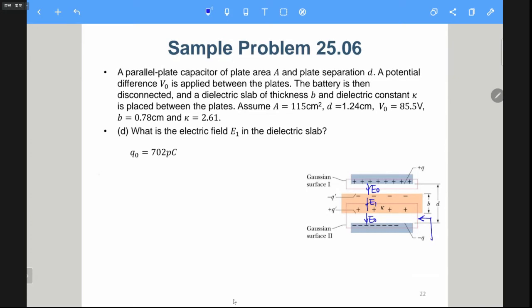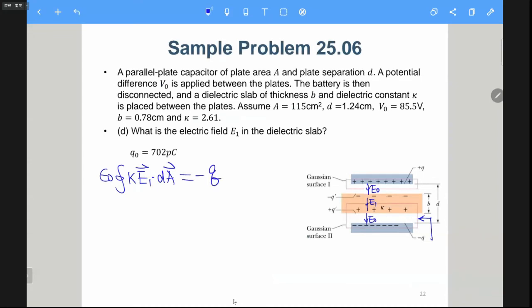Here we have epsilon naught integration of kappa E1 dot dA equals minus Q.